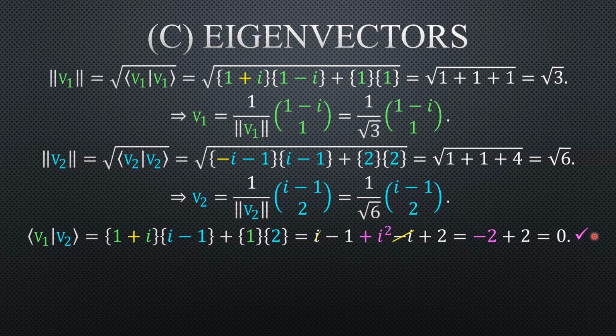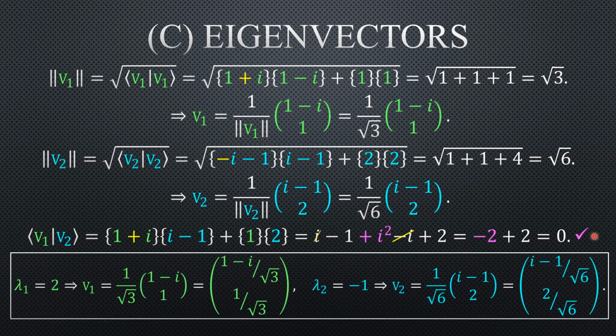That's good to know. And since that was a lot to deal with, let's summarize all our eigen decomposition. We see that for lambda 1 equals 2, we get V1 that is normalized as such. And for the next part, we are going to want to distribute this 1 over root 3. That's what we see here. Same thing for lambda 2 equal -1. We see our normalized eigenvector here.